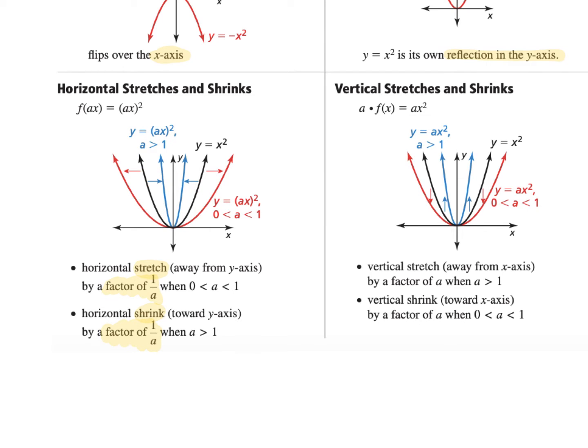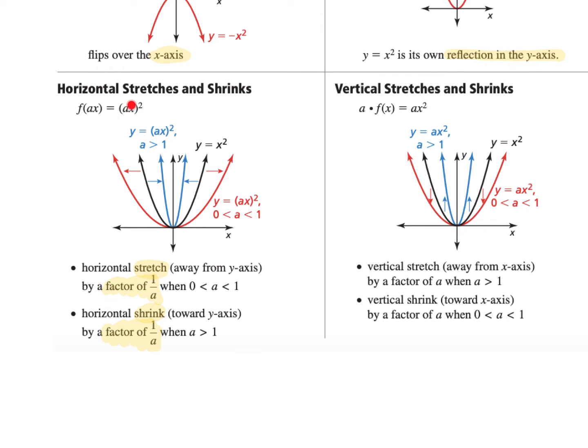So you can see it's like I put my hands on the left and right and just kind of move them in. And then when a is between 0 and 1, the reciprocal gives us that stretch factor, which actually makes our graph stretch out or it makes it wider. Now here is another stretch and shrink, but this time you can see that the a is not specifically grouped.